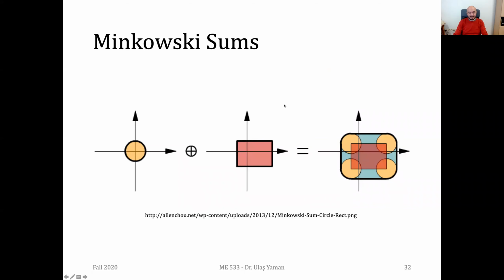This is another example. We have much simpler shapes, a circle and a rectangle. Again, if you move this box over the circle or circle over the rectangle, you will obtain this summation.